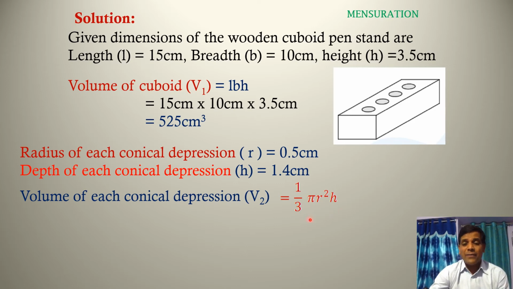Do you know the values of π, r and h? π is 22/7, r is 0.5 centimeter, which is written as 1/2, and h is 1.4 centimeters. Is it clear?